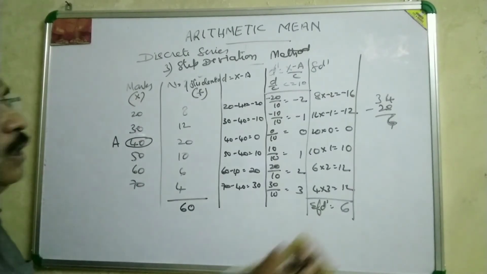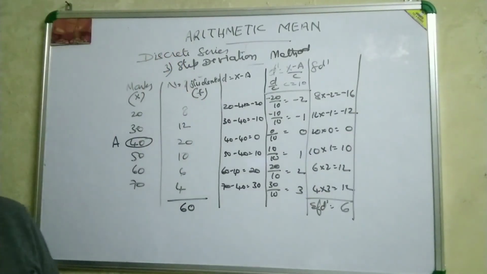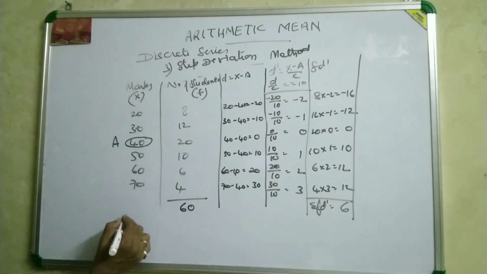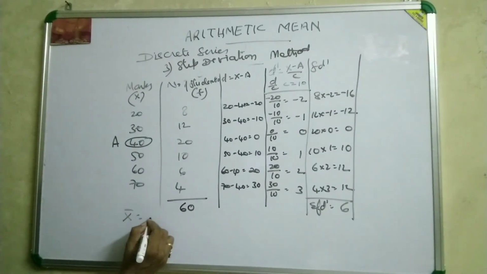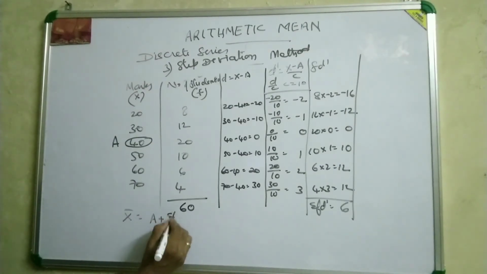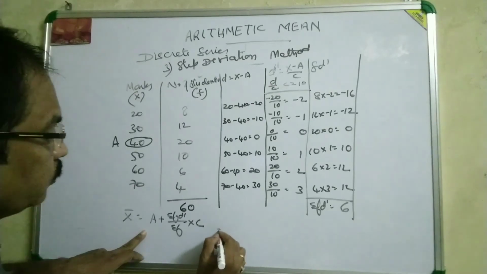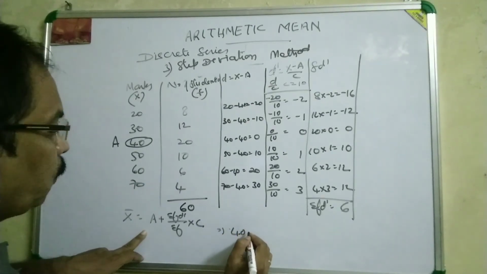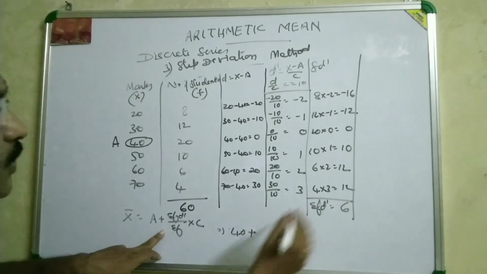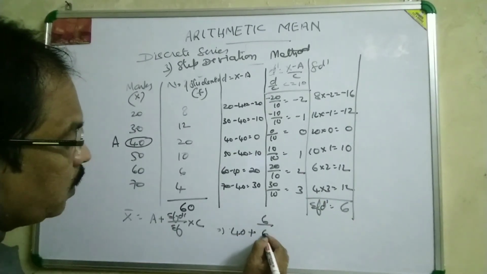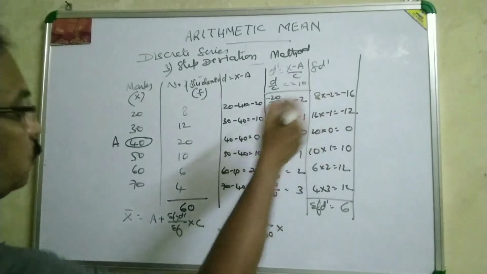Now we will use the formula. The formula is x bar is equal to a plus sigma f d dash upon sigma f into c. So we know the values. A is 40. We will apply the values. 40 plus sigma f d dash, that is 6, upon sigma f, that is 60, into c.